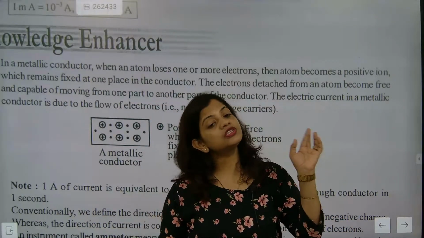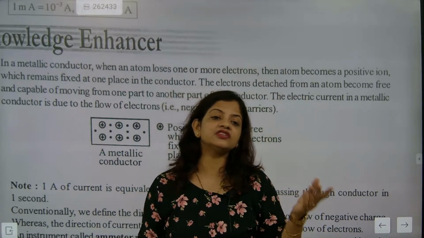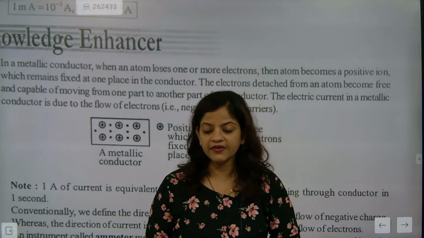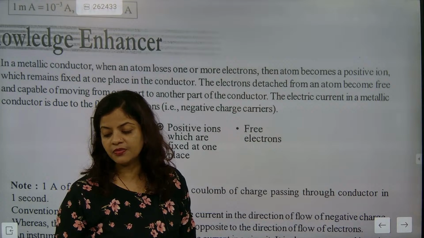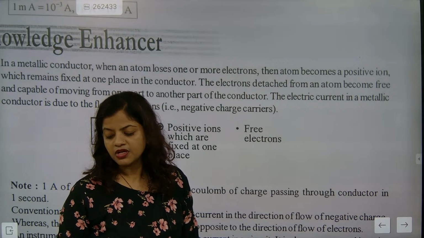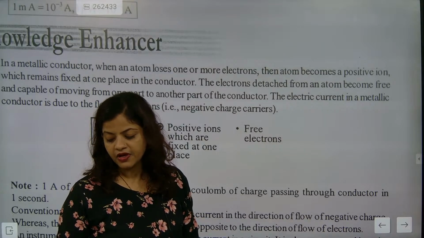See, the electrons start moving from negative terminal to positive terminal, and the conventional direction of flow of current is positive terminal to negative terminal. Conventional direction of flow of current is from which terminal to which terminal? Say fast. Positive to negative. Positive to negative.